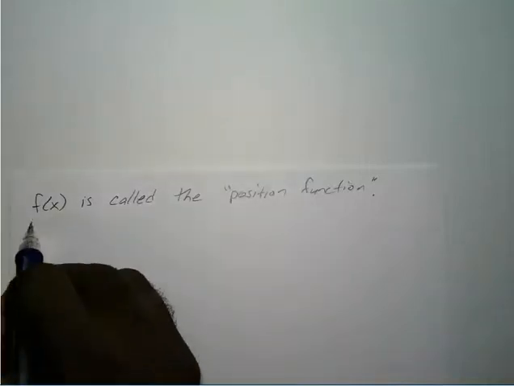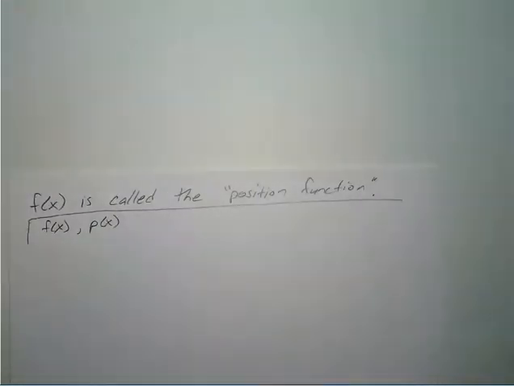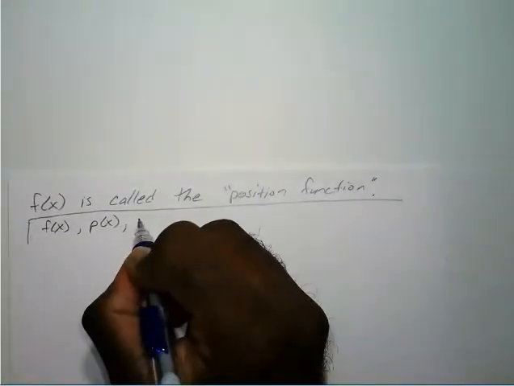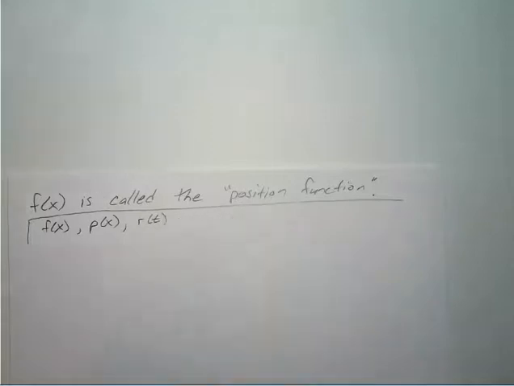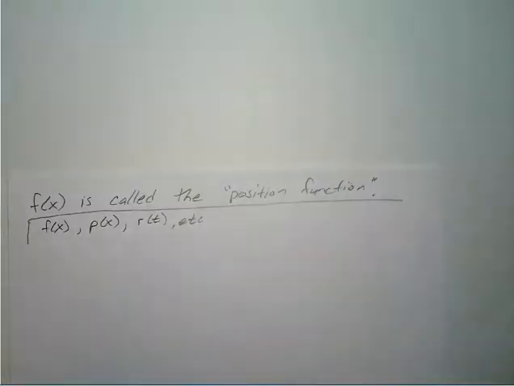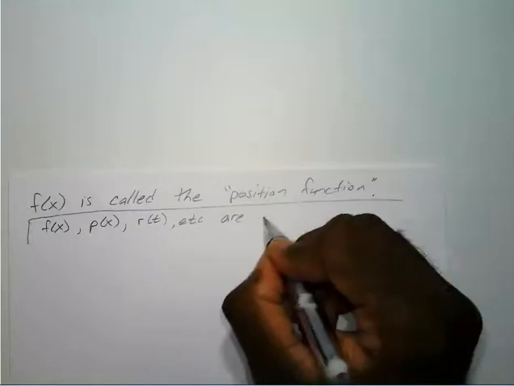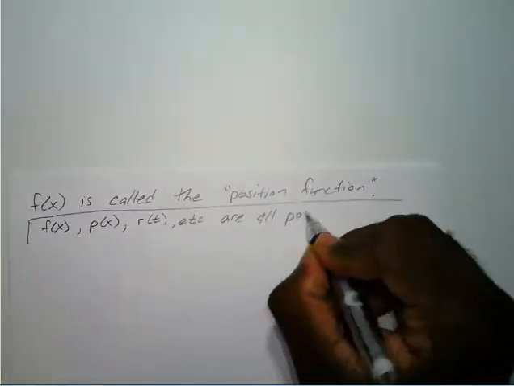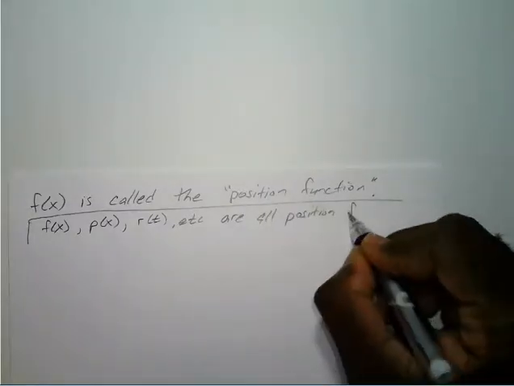So you can have, let's say, f of x. You can have p of x. You can have r of t. You can have any of these be your position function. They are all position functions.